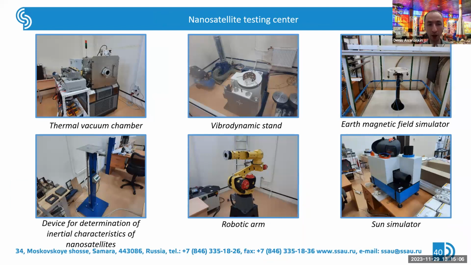You can see the equipment that we have in our testing center. First of all, we have a thermal vacuum chamber to test our satellites for the influence of the space environment. So it's vacuum and different temperatures. Vibrodynamic stands test the strength of the structure of our satellites and other different devices.